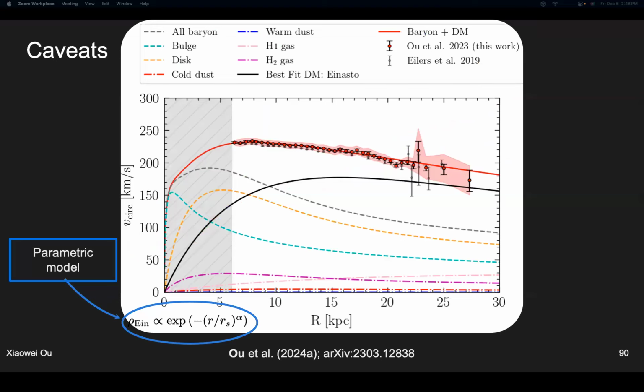If we just take a parametric model and blindly extrapolate it and say this is telling us the Milky Way is not 10 to the 12, but instead 10 to the 11 or 10 to the 10 in total mass. A much better way of doing this would be to employ some non-parametric model that's more flexible. So instead of just going exponentially drop off, maybe there's some more complex behavior that's not captured by the model here.